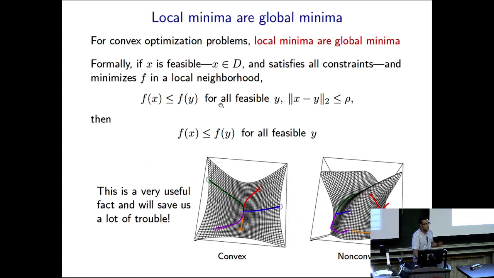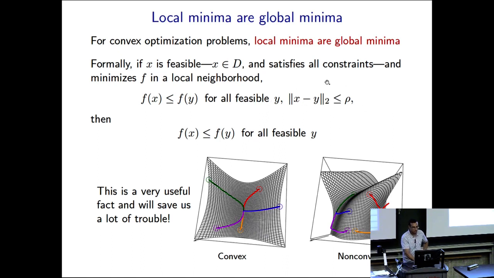And if it's both feasible and it satisfies this property: in some small neighborhood, f of x is less than or equal to f of y for all feasible y that are within a ball of radius rho around x.